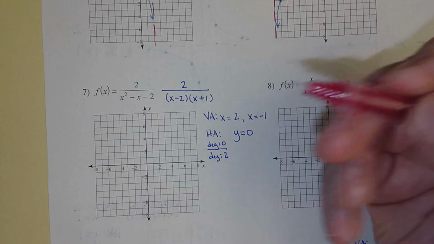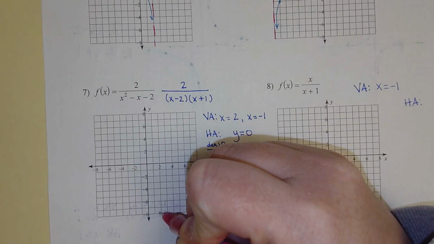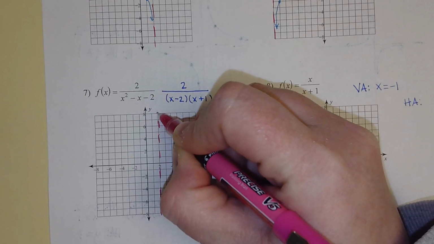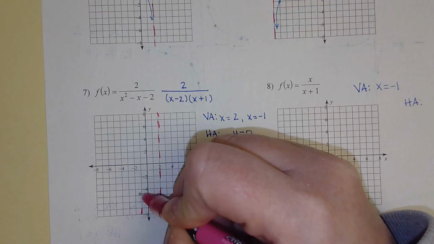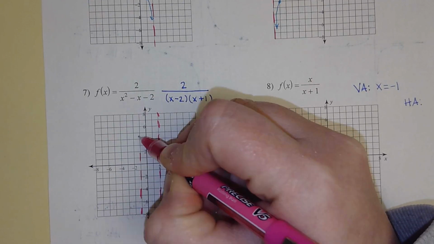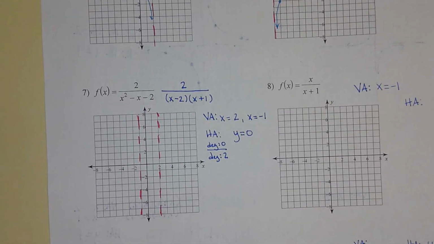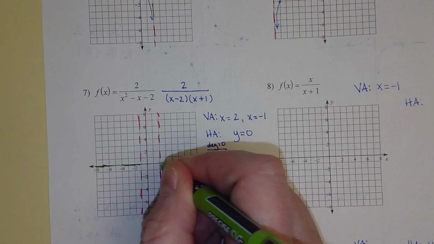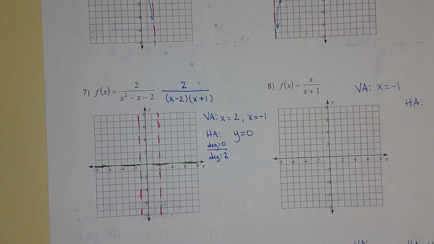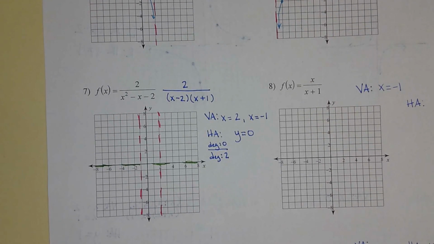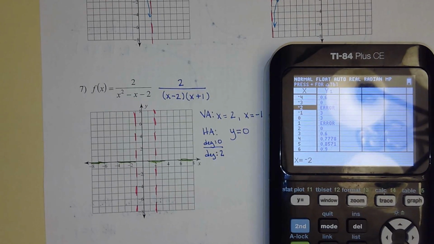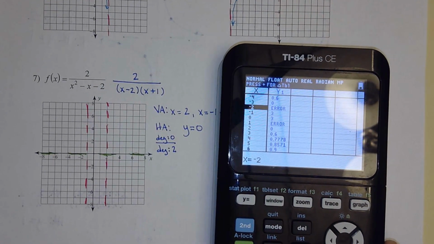Drawing in my vertical asymptotes. Horizontal. And I'm going to plug this original problem into my calculator. Get out of my light.